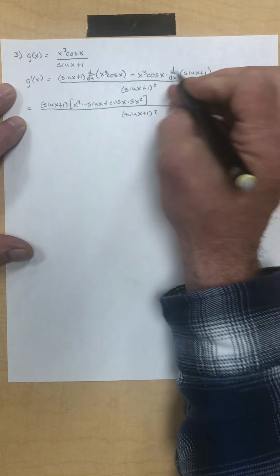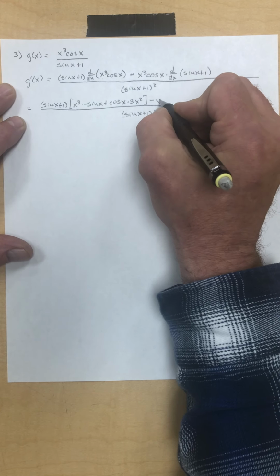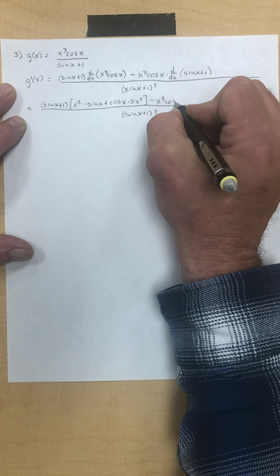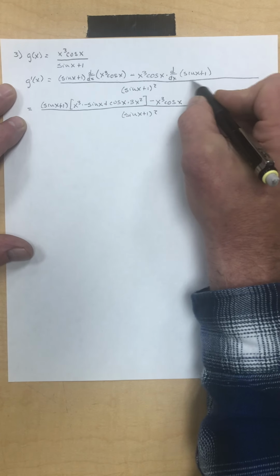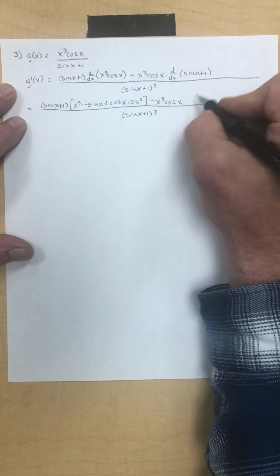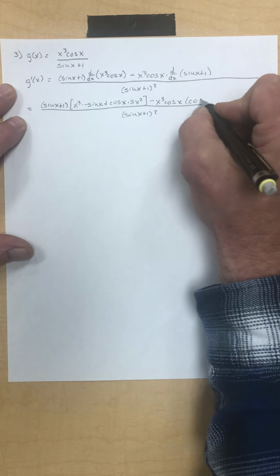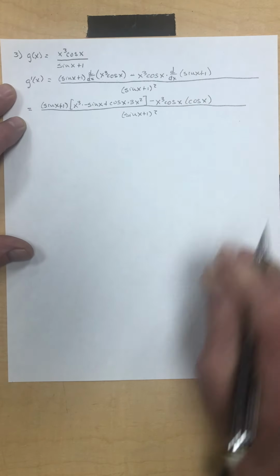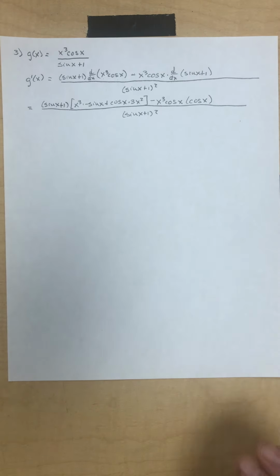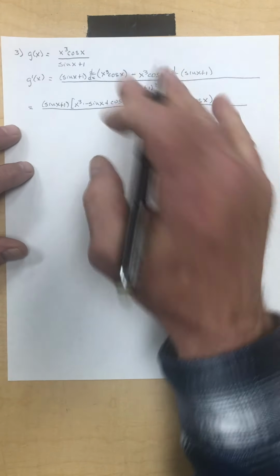I've got minus x cubed cosine of x. And then when I take the derivative of sine of x plus 1, I just get cosine of x, like that.